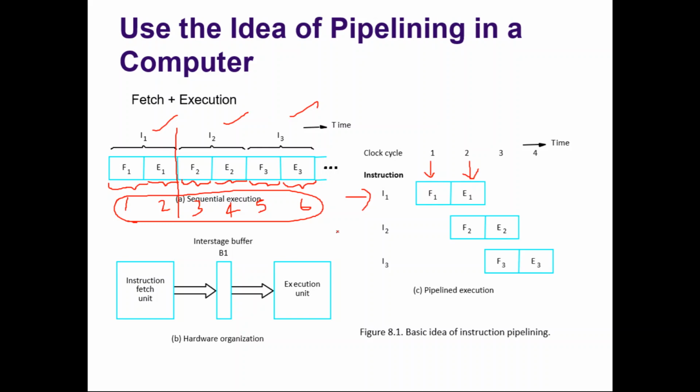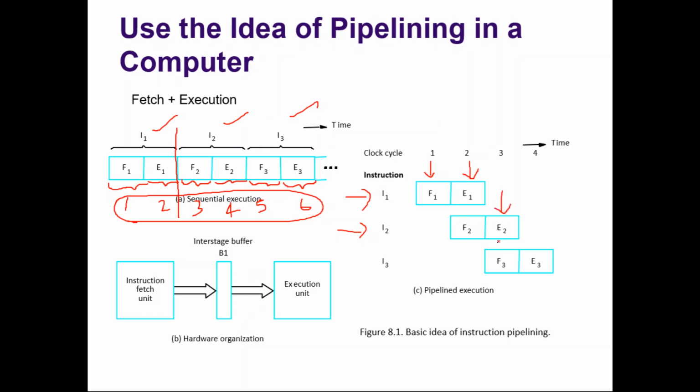Now the second instruction is fetched during the second clock cycle, while the first instruction is getting executed, because the fetch unit is free. Only the execution unit is busy with instruction 1. So instruction 2 can be fetched during the second clock cycle itself, and it will be executed during the third clock cycle.